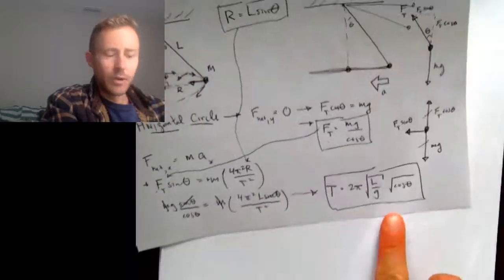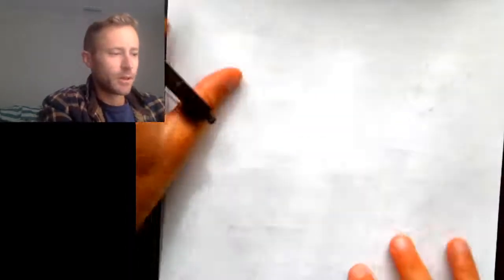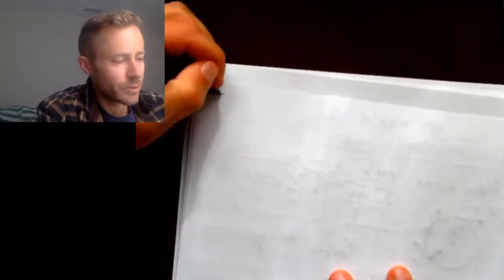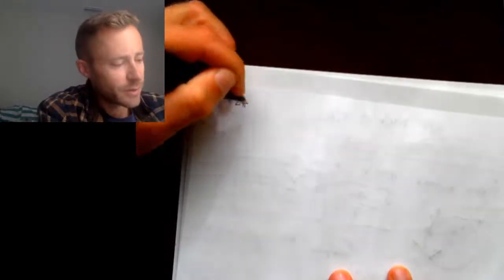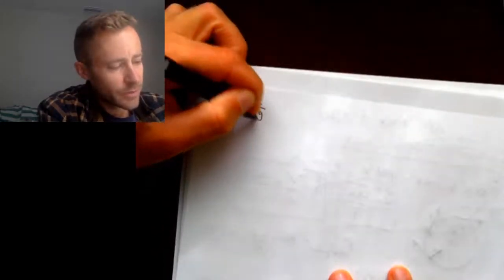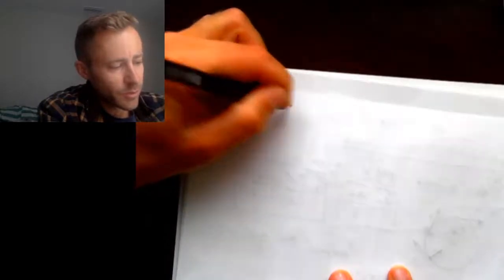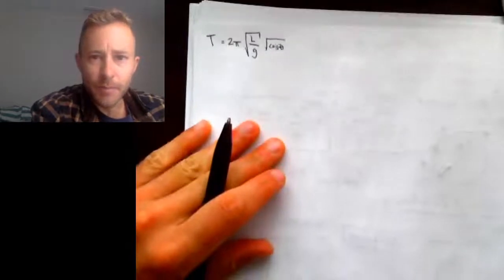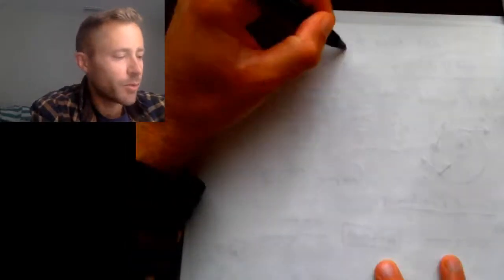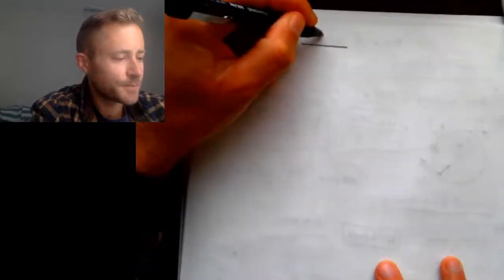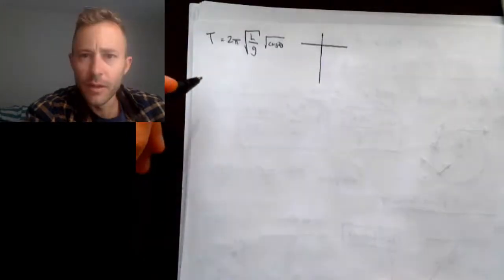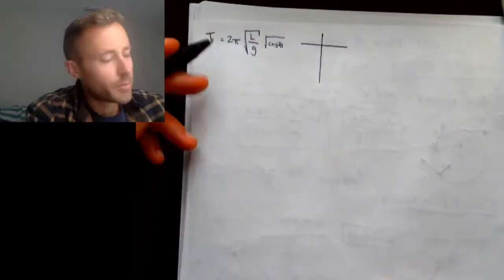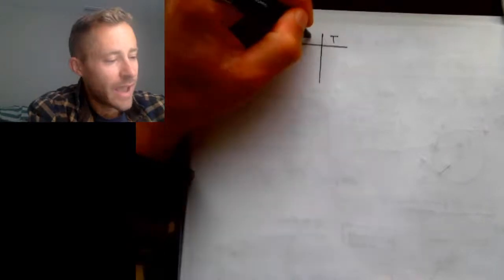So what if we took some data? We have this equation, period is 2 pi square root of L over g times square root of cosine of theta. We would probably take some data of period versus the angle of the string.